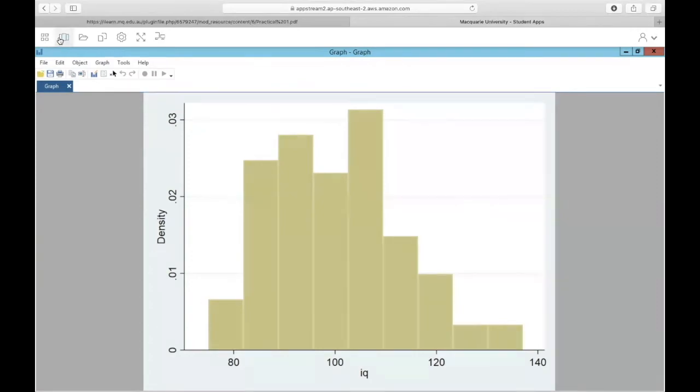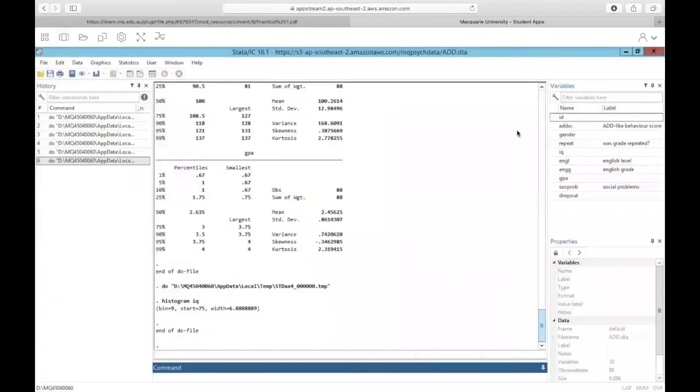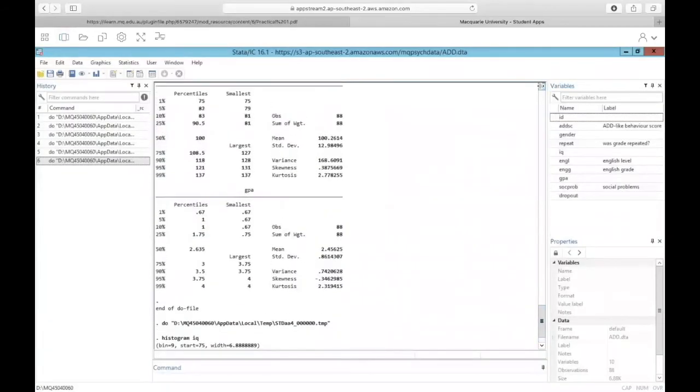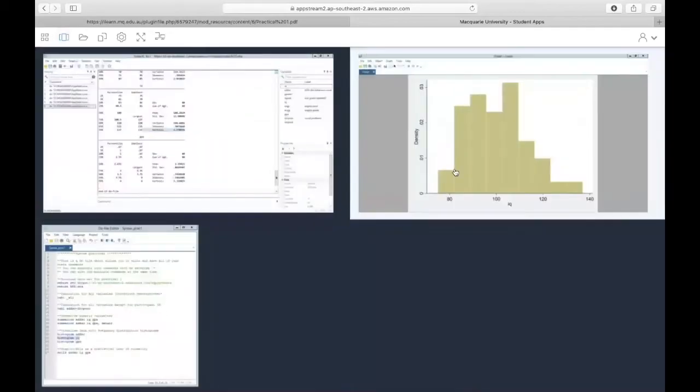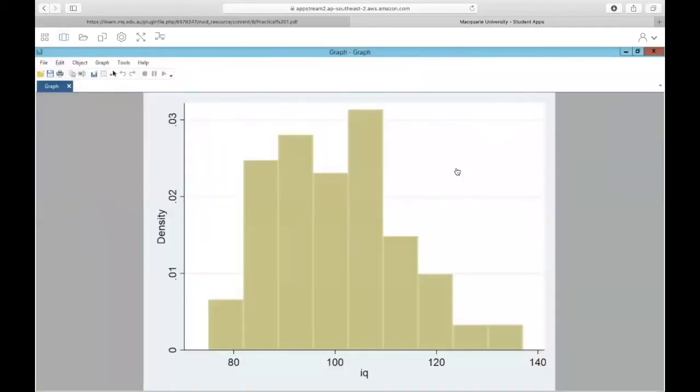If we really quickly review the summary statistics, we confirmed that the median and the mean are pretty similar, so we do have central tendency. There is variability, which is good. It's a slightly positively skewed distribution and slightly platykurtic. And all of that can be confirmed from our frequency distribution here.